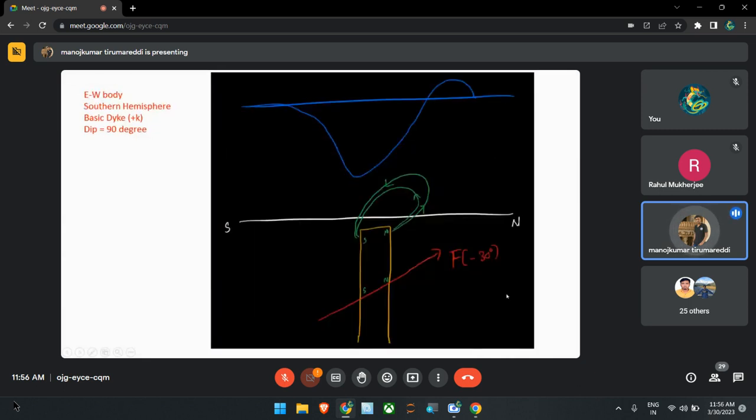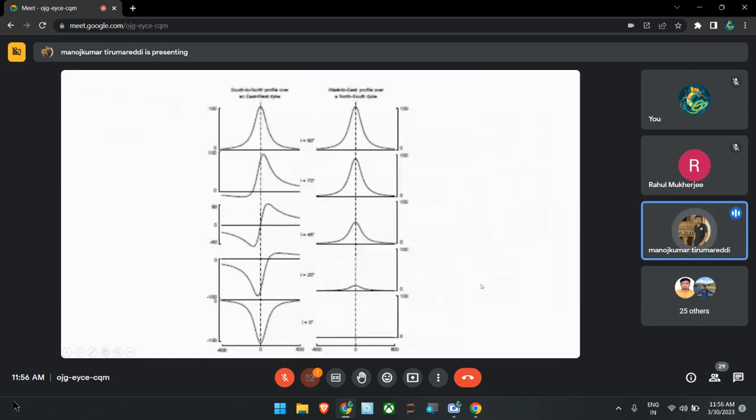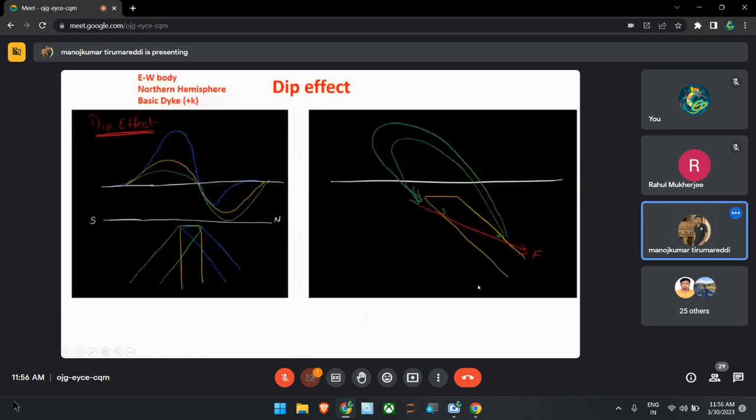So similarly, if dip and inclination become parallel, we'll get anomaly. It is going vertically downwards along the body. And we will get only this positive peak. We don't get any negative peak.